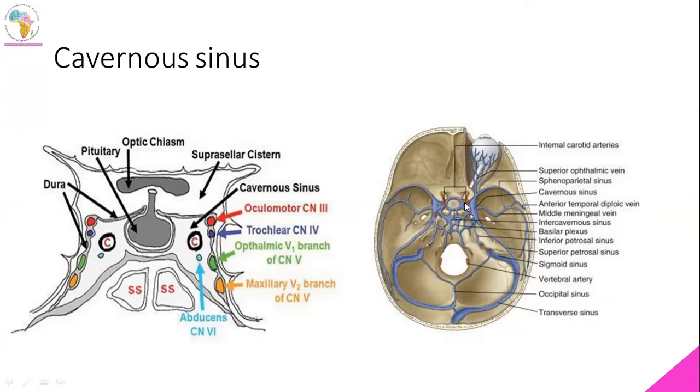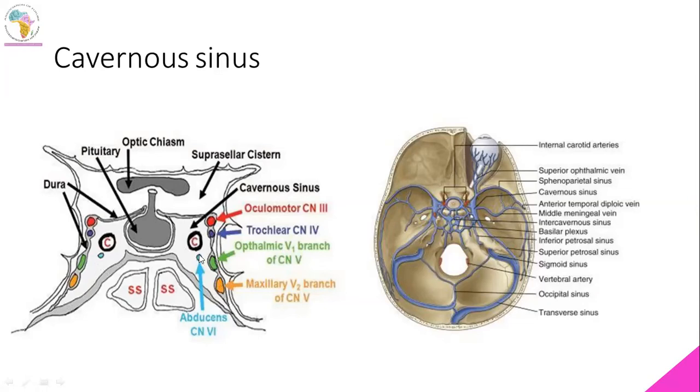We call it the intercavernous connections. Those cavernous sinuses contain important neural and vascular structures, namely the oculomotor, trochlear, ophthalmic, and maxillary branches along the lateral wall, and the abducens nerve.